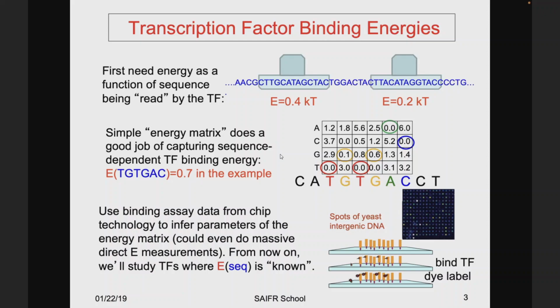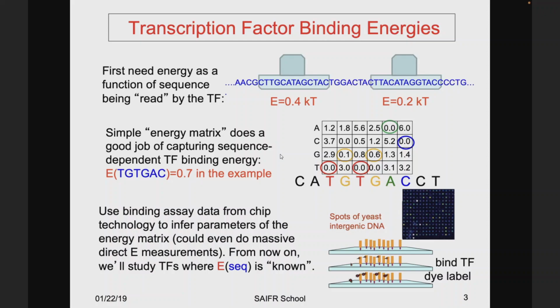And in each of the entries of the matrix, you have a number. Maybe it's in electron volts, or maybe it's in kTs, or maybe you don't know exactly what the units are, but there's a number. And the 0 means that at a particular column, that entry is the consensus choice, the one that has the strongest binding energy.